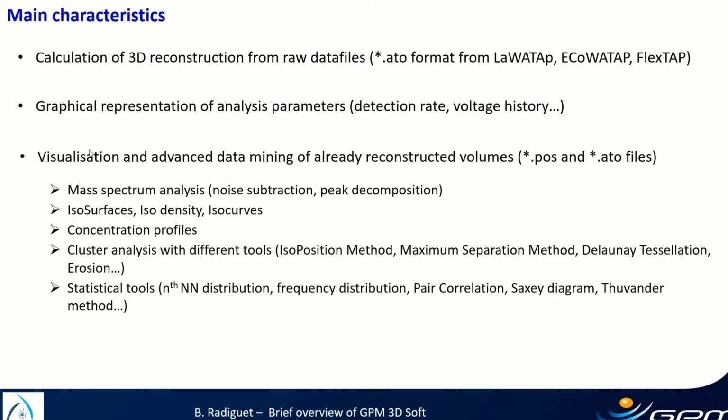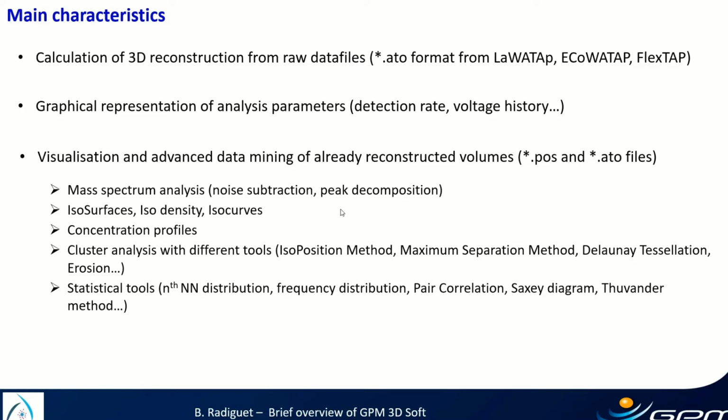And you can do visualization and advanced data mining of already reconstructed volumes, starting from POS files or reconstructed atom files. You can perform mass spectrum analysis, to calculate chemical composition from the mass spectrum after noise subtraction.